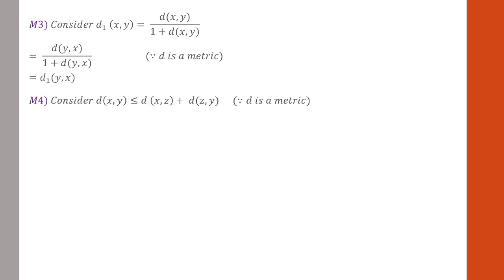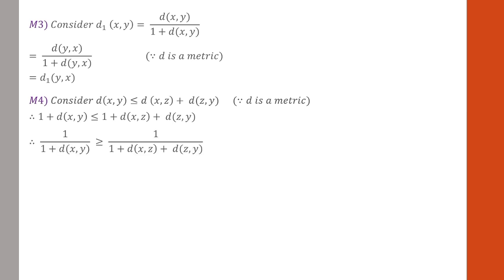Now next is the triangle inequality. So consider d(x,y) less than or equal to d(x,z) plus d(z,y). Since d is a metric, it must satisfy this triangle inequality. Now here we add 1 to both sides, and taking the reciprocal of both sides, the inequality is changed. Now again multiplying by minus 1 on both sides, the inequality is changed.